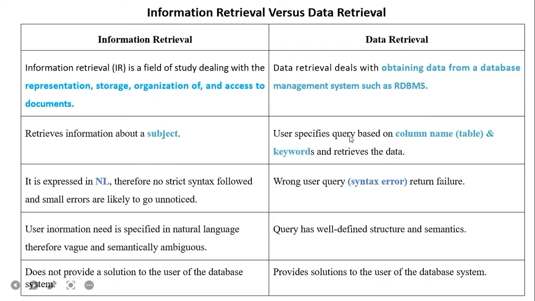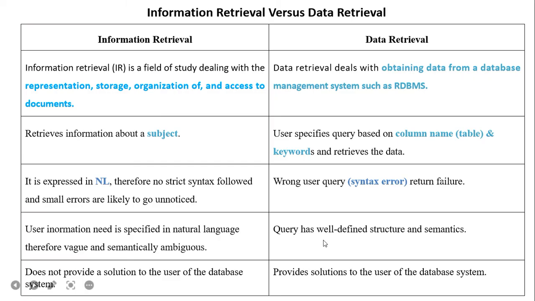Here, the user specifies the query based on column names and keywords and retrieves the data. In IR, the user information need is expressed in natural language. Therefore, no strict syntax is followed and small errors are likely to go unnoticed. In data retrieval, a wrong user query, that is a syntax error, returns failure. In IR, the user information need is specified in natural language, therefore vague in nature and semantically ambiguous.